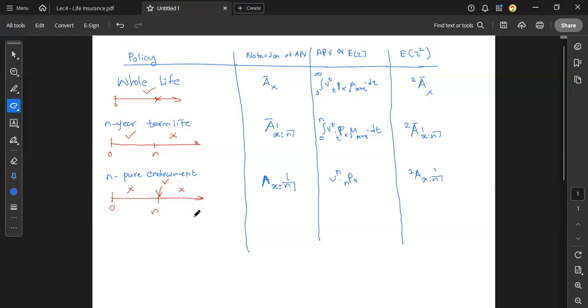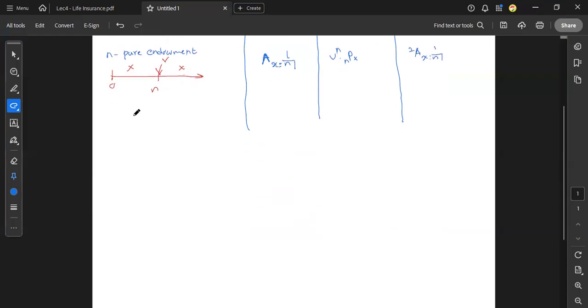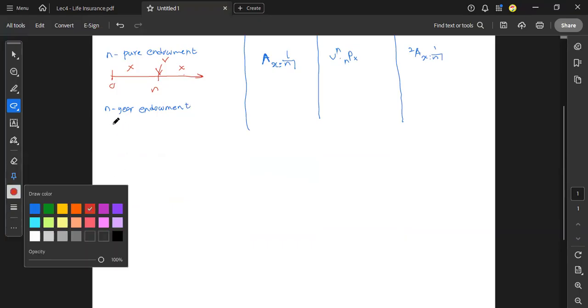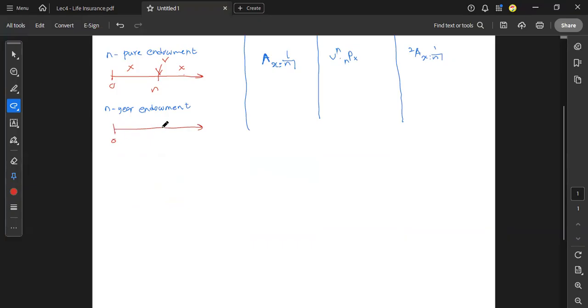So now by combining the second and third cases, I can have n-year endowment insurance. It says from 0 to n, we have a payment of death benefit. At point n, we have another payment for surviving, but after that, you don't have any payments.